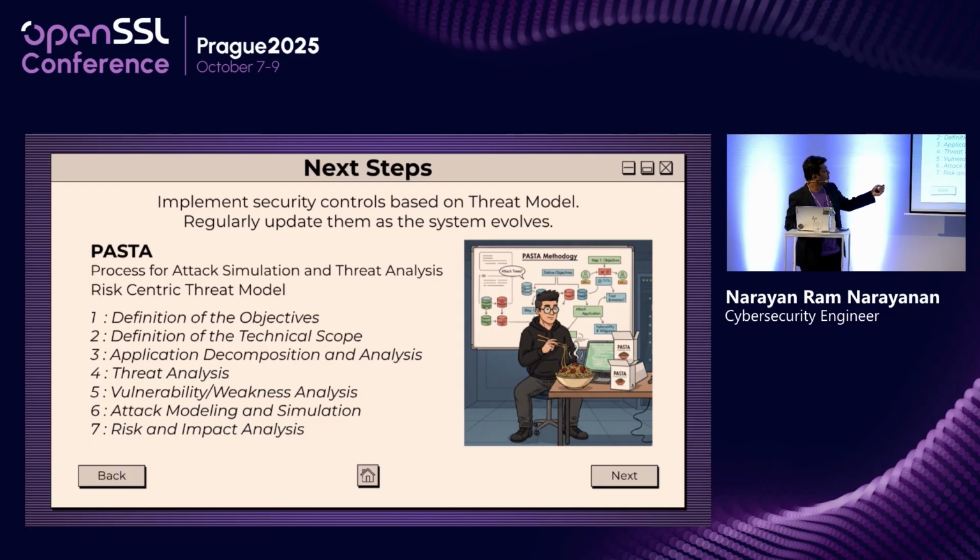You define the technical scope along with the business objective, then you decompose the application, and you do a threat analysis and vulnerability and weakness analysis, and then you do attack simulation. This is the major step in this particular model. Then you do a risk and impact analysis. There are some attacks where you are ready to accept the risk. So the seventh step is that. The only reason we are not able to do this right now is the time constraint.